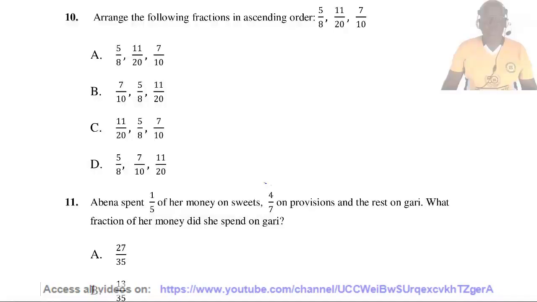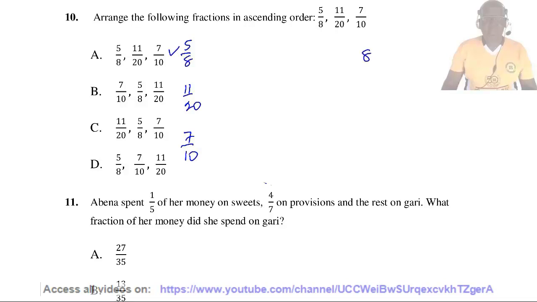Question 10. Arrange the following fractions in ascending order. 5 over 8, 11 over 20, 7 over 10. That is 5 over 8, 11 over 20, and then 7 over 10. We shall divide 5 by 8.